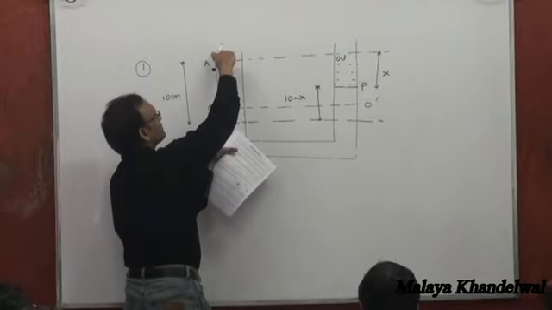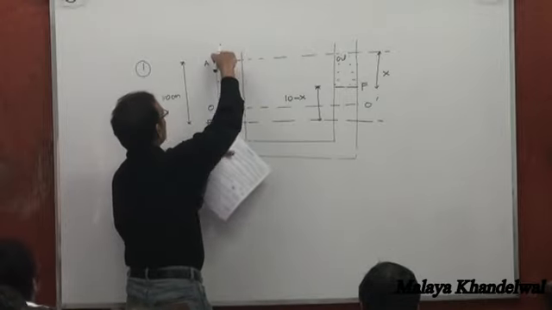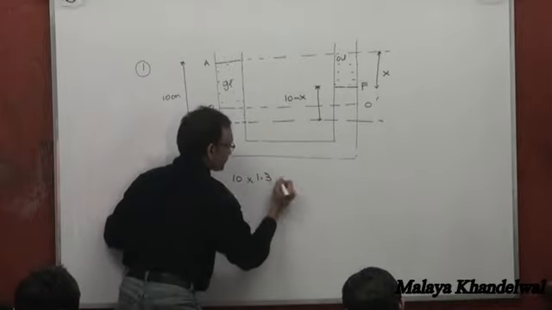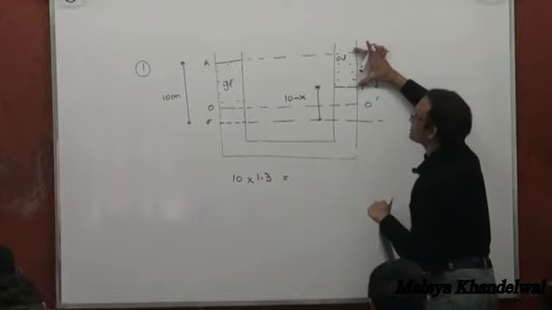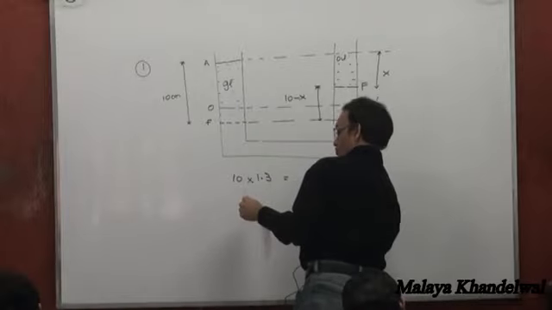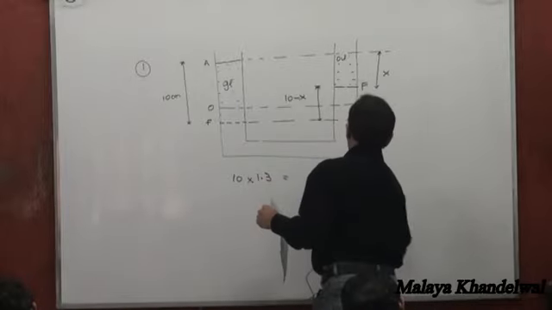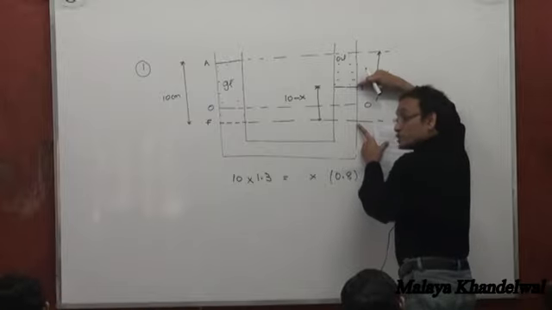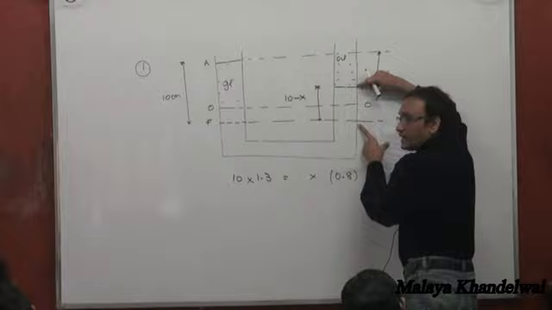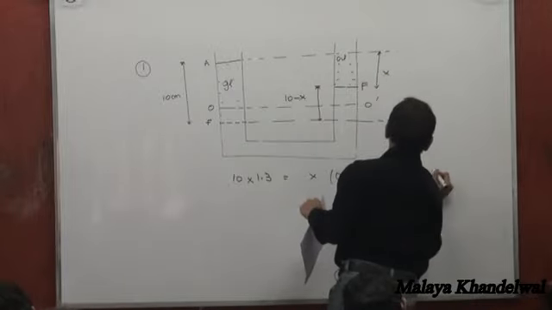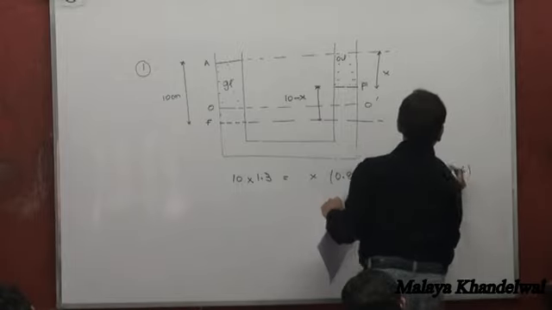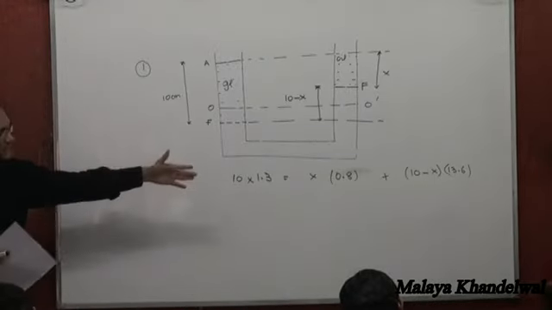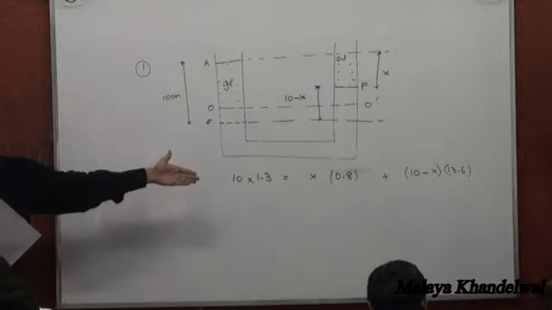Now the pressure at this level constituted by the glycerine column is going to be 10 into density of glycerine, which is going to be 1.3, and that's equal to x units of oil, that means x into 0.8 grams per cc, plus 10 minus x into 13.6 of mercury. This is mercury, right? So x can be obtained readily from this. Fair enough?